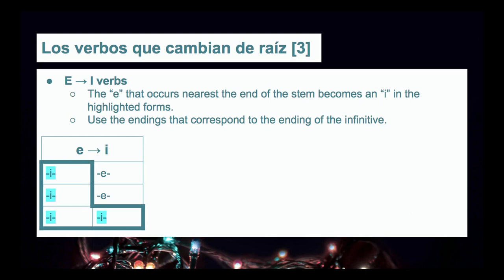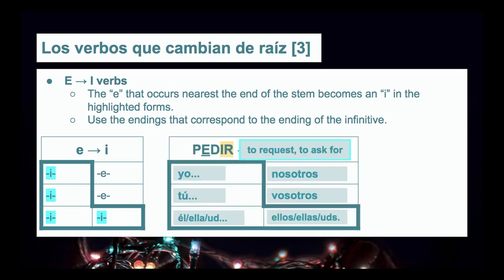Here's one more example of an E to I stem changing verb. Pedir means to ask for or to request. As is the case with all E to I verbs, pedir is an IR verb and will use the corresponding endings. Pause the video here and try conjugating this one on your own. Okay, let's see how you did.